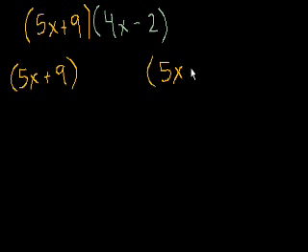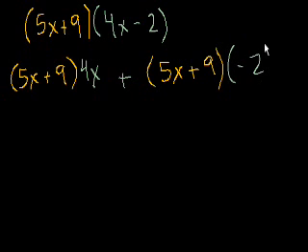I want to stay in my color that I'm using, so that's why I'm just writing it out like this. That equals 5x plus 9 times 4x, and then plus 5x plus 9 times minus 2. Right? This minus 2 is here, and this 4x is here. And now we just multiply it out.